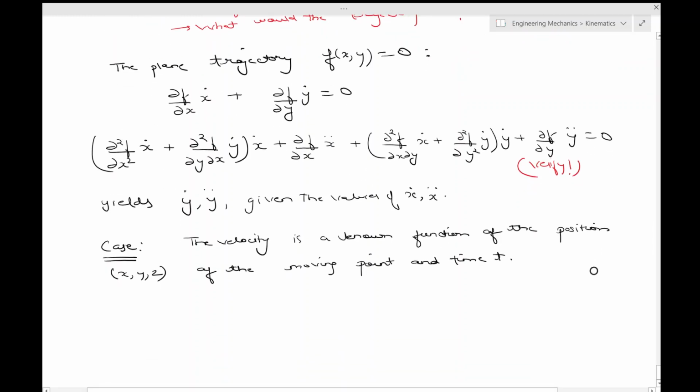So this happens very commonly in fluid mechanics. When you have a fluid passing through, at any given location you know the velocity. So once that is known, how do we find the acceleration components?